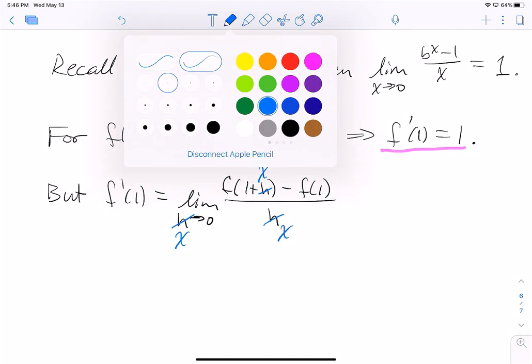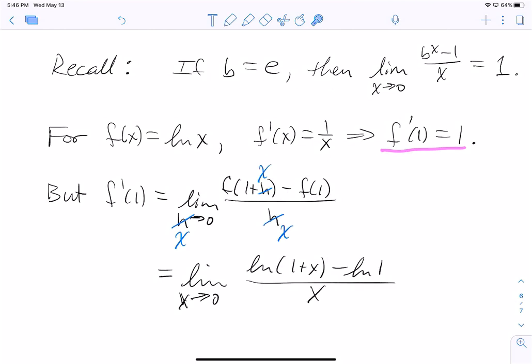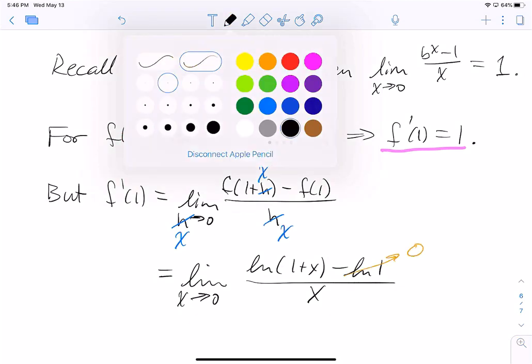So we have here that f'(1) is equal to the limit as x approaches 0 of (ln(1 + x) - ln(1))/x, because f(x) was the natural log of x to begin with.